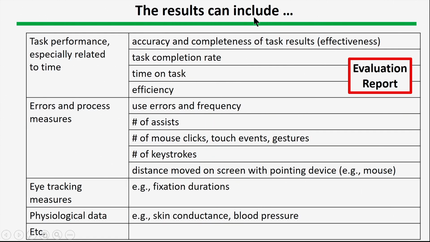Results. What should be in the results section of an evaluation report? Time on task, efficiency measures, task completion rates, errors, number of assists. That's an interesting one that people don't think about: when you're performing a usability test, sometimes users are struggling, they encounter a problem, and you reach a point where they're not going to make any further progress.